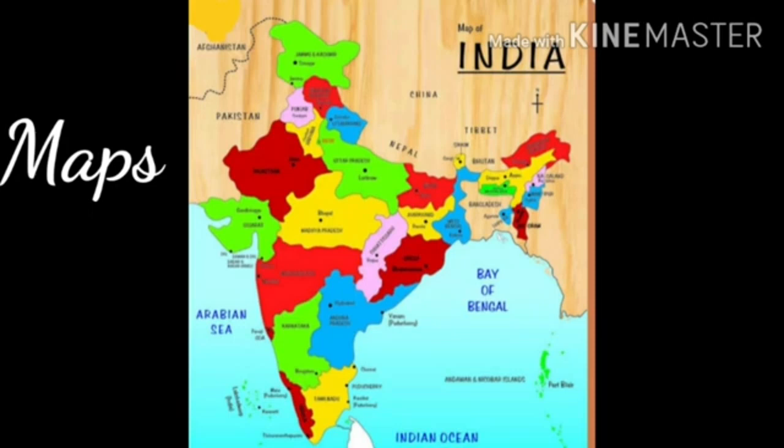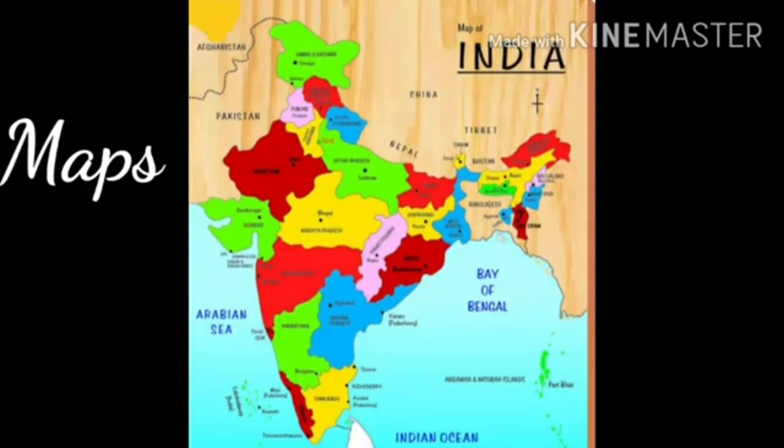Children, why do we need a map? Yes, maps are drawn on a flat surface to show the countries, states, districts, cities, etc. We can draw a map of our area, even a house, with every detail on the map.